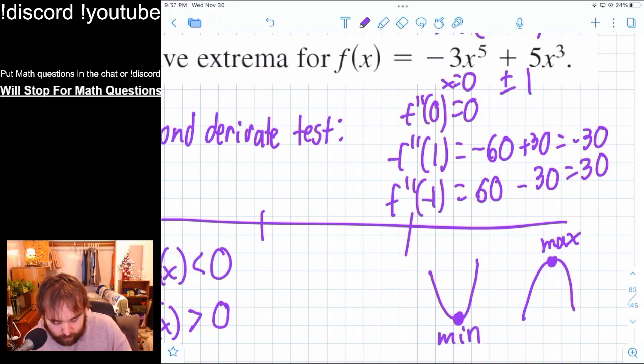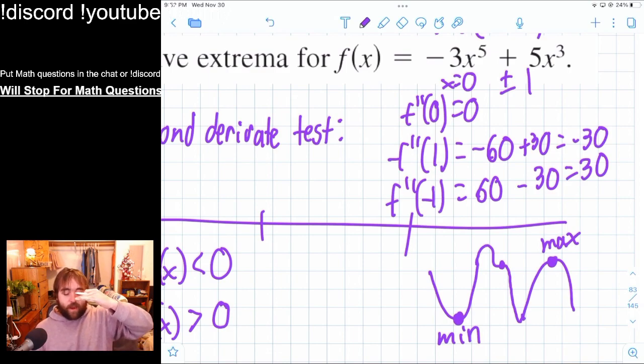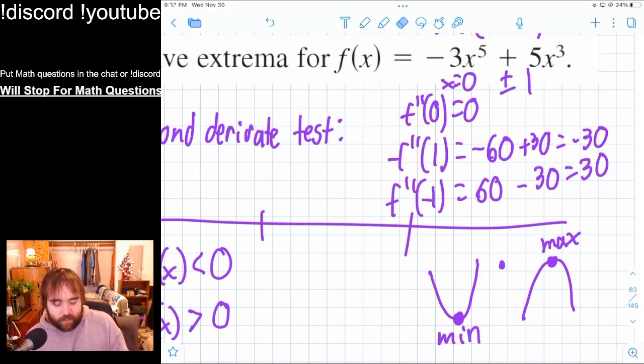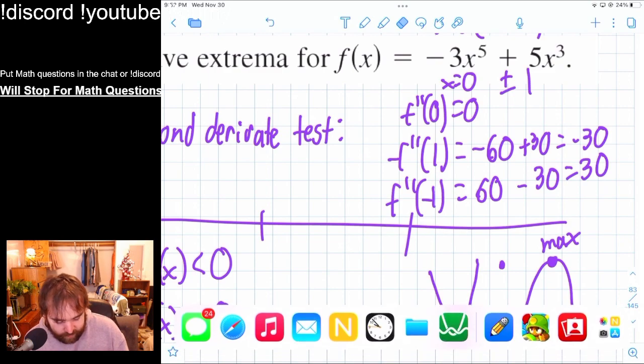And at x equals 0, it was neither. So what that means is that it's doing something where it's flattening out and then going back. Let's see, that's not right though. But basically it's going to flatten out and then not change concavity. I guess it doesn't totally need to flatten out entirely though.